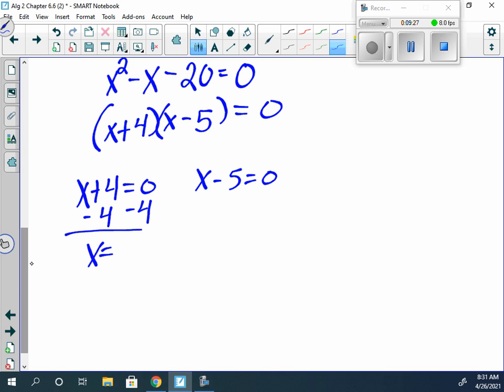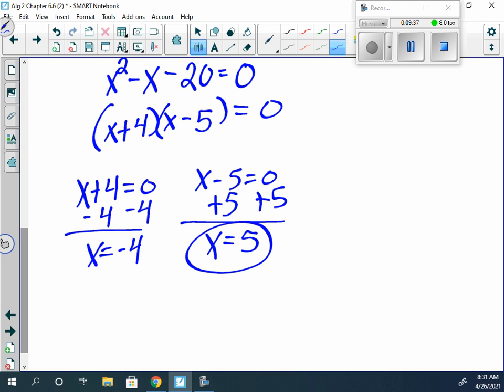Yes, so we would subtract 4 from both sides. Add 5 to both sides, which tells us x is equal to 5 and x is equal to negative 4.